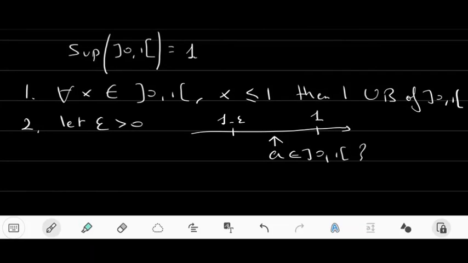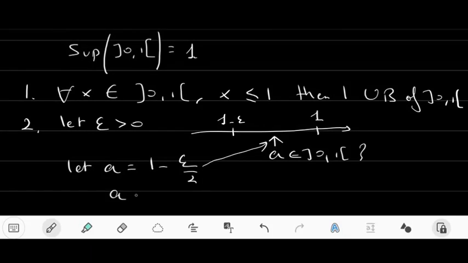This is the question. Are you able to find an element A which is a real number between 0 and 1 strictly, that is in the set, that is, between 1 minus epsilon and 1? The answer is yes. If you take A as being 1 minus epsilon over 2, for example, this is a number that is in here. It's the midpoint between 1 and 1 minus epsilon.